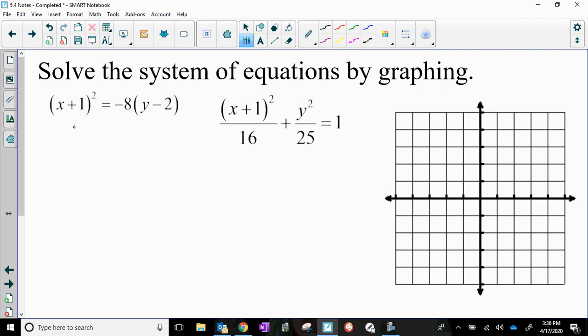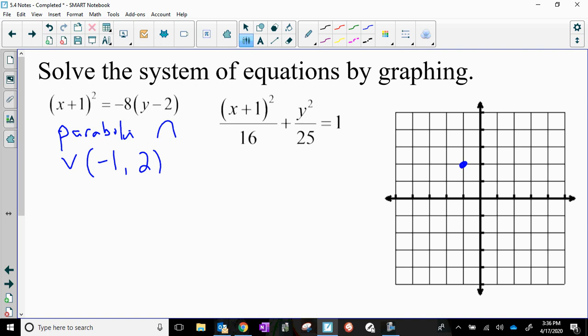Okay, so let's take a look at the one on the left. This is a parabola because only one variable is squared. It is going to open down because it's a negative and it's x squared. The vertex of this is (-1, 2). Both the x and the y are liars in conic sections. So I'm going to plot that point, (-1, 2).